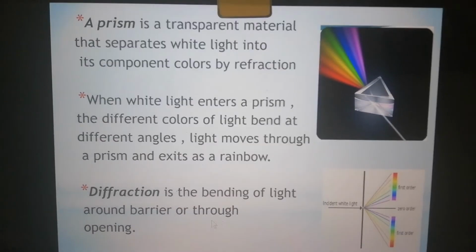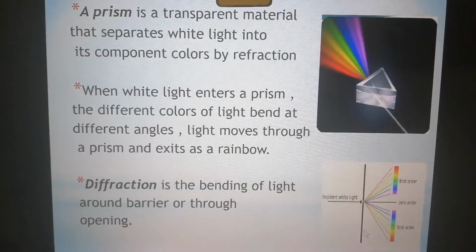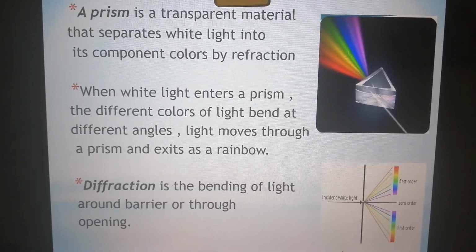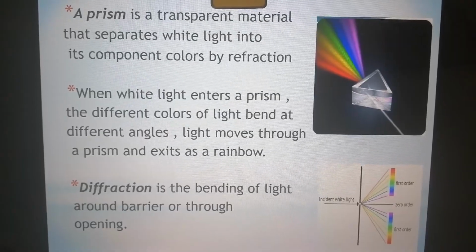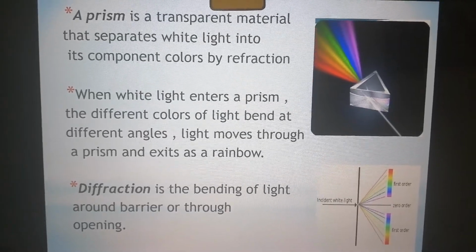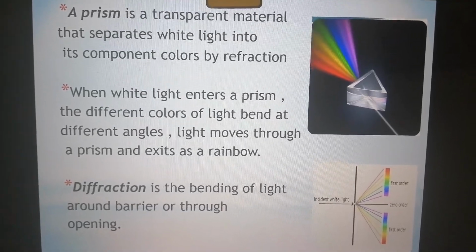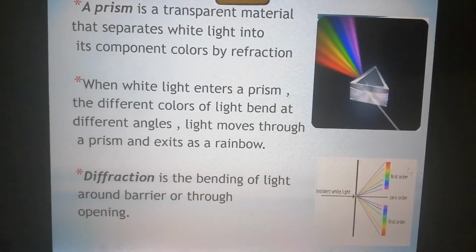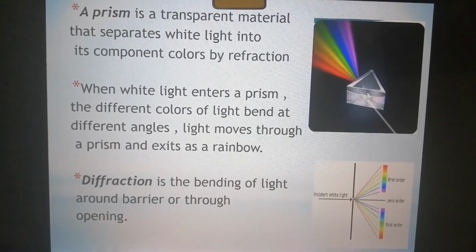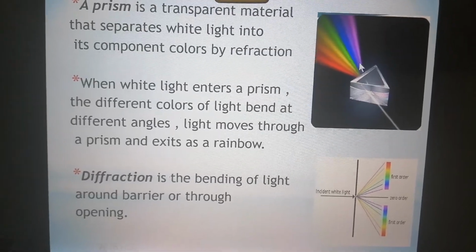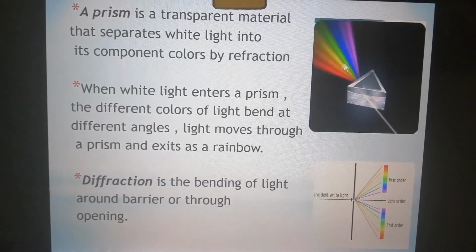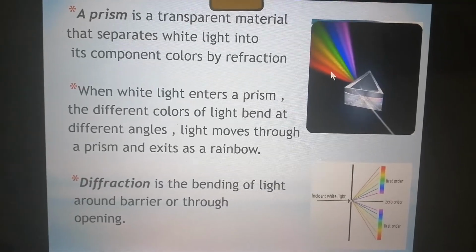We have something called a prism. Prisms are transparent materials that separate white light into component colors by refraction. When white light enters it, it goes out as different colors.